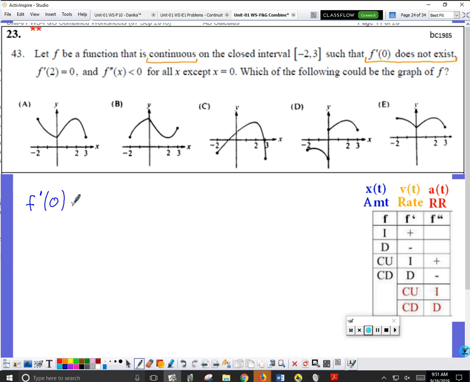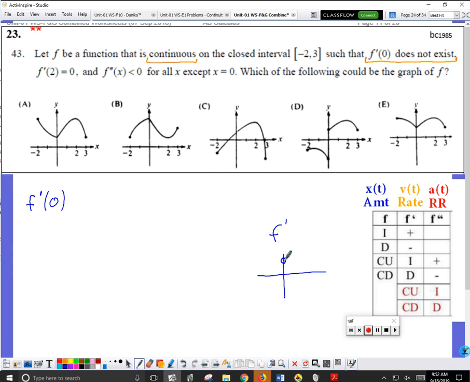You've got to be that fluent with the notation to just see this and go, oh, if I were looking at f prime, I would see this is the y-coordinate when x is 0. So it says on the graph of f prime, the y-coordinate when x equals 0 isn't there. So if you were looking at a graph of f prime, and you got to x equals 0, there would not be a point shown.